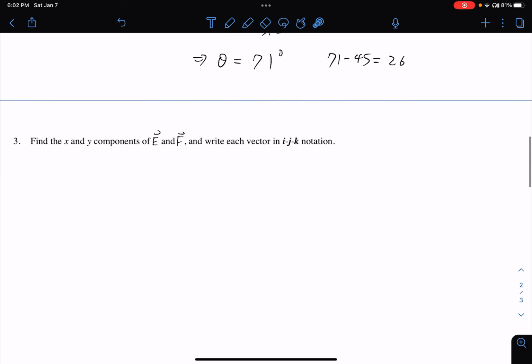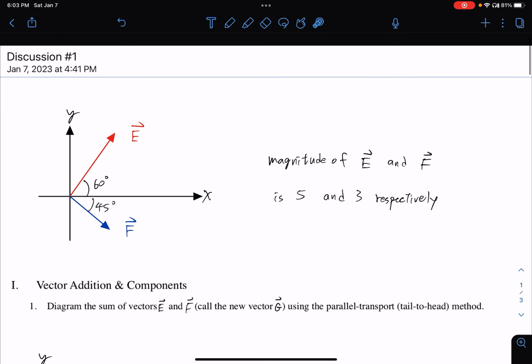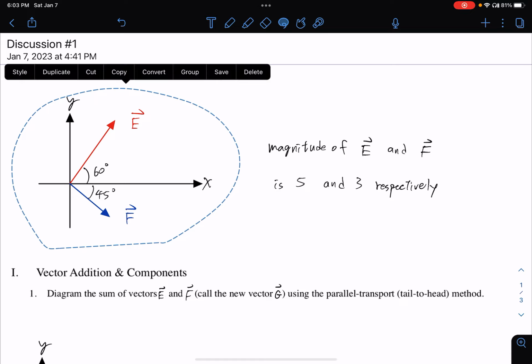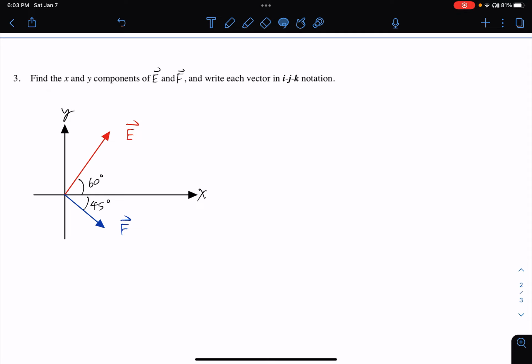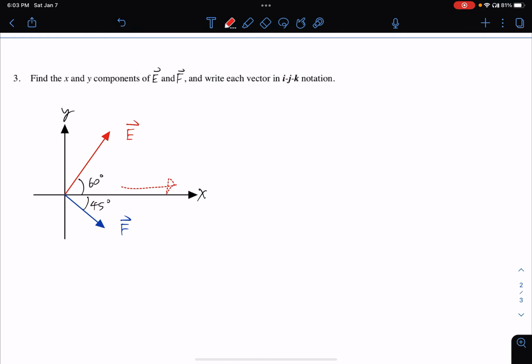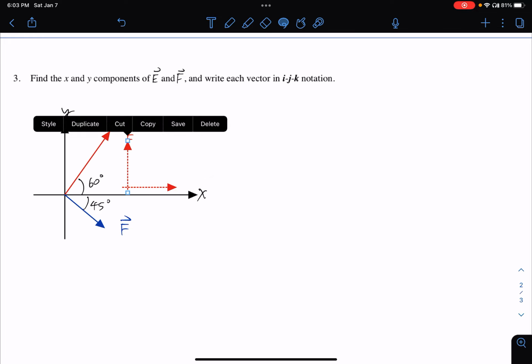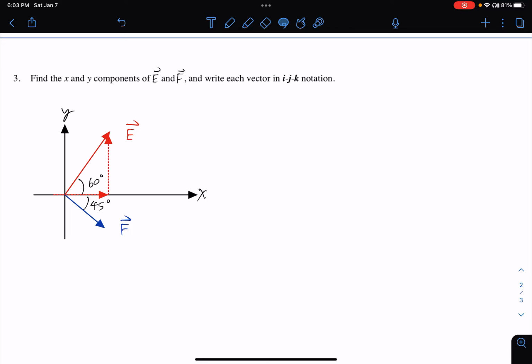Now, question 3 wants us to find the components of E and F. To do that, we can use the drawing over here. The x component of E means that we decompose this vector E into a vector purely in the x direction and another vector purely in the y direction, and we adjust their lengths such that they add up to vector E here.